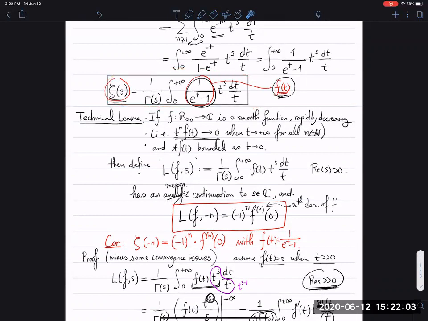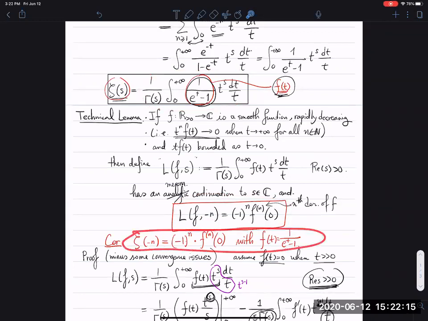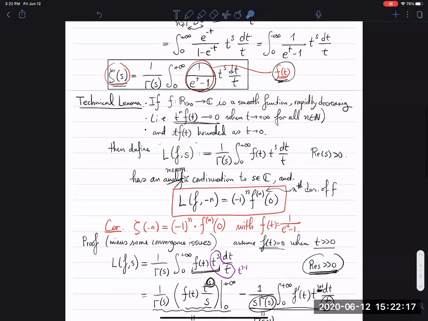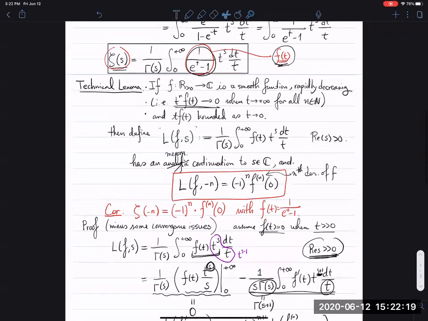Next, I realize that for any integration like this, the L value at negative n is precisely the higher derivative of f. Now I can deduce a corollary that zeta(-n) is just this derivative here. Let me copy this here because I'm going to use it later.